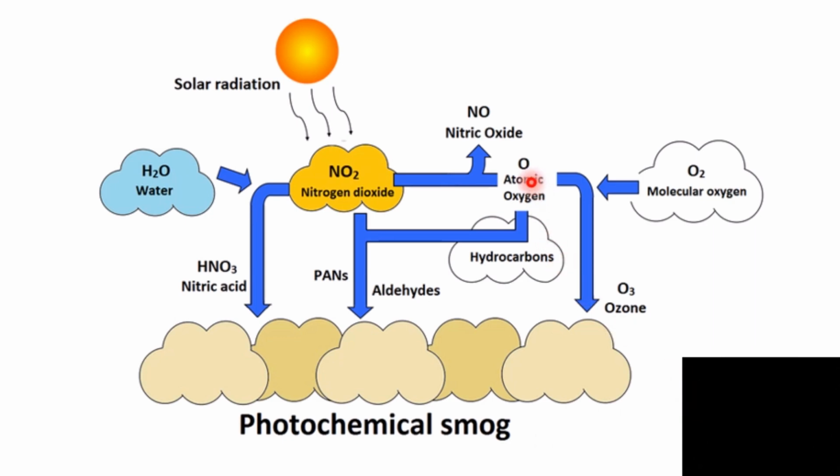Primary pollutants like hydrocarbons and NOx react in the presence of UV light or sunlight to form PAN, aldehyde, and O3, the secondary pollutants, and finally form a layer or cloud known as photochemical smog.